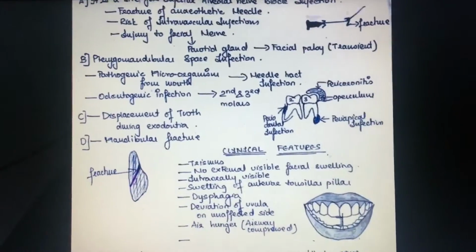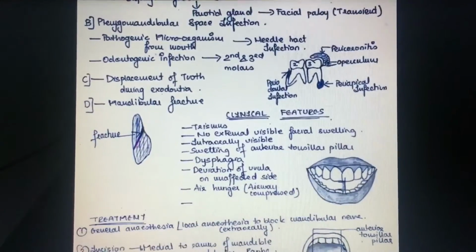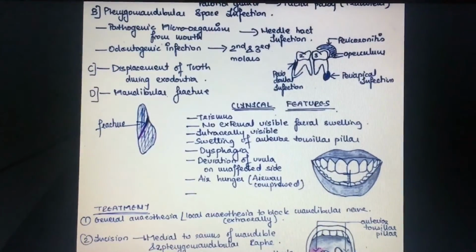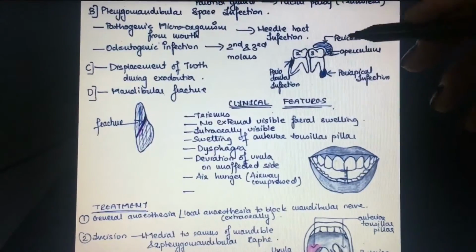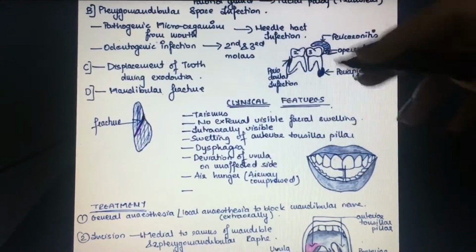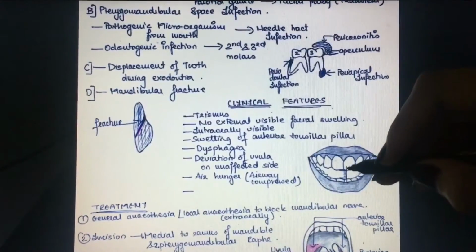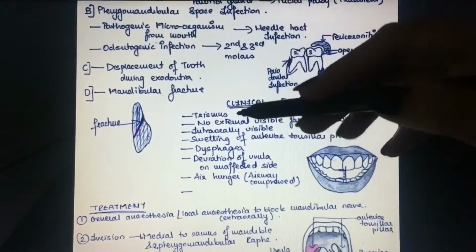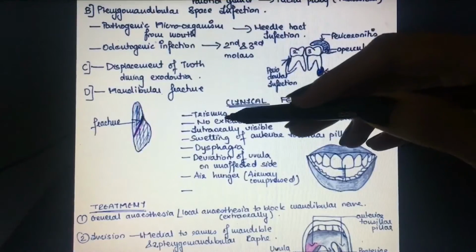Now let's study the pterygomandibular space infection. The clinical features of pterygomandibular space infections are as follows. The patient may have a decreased amount of mouth opening, which in clinical terms we call trismus.